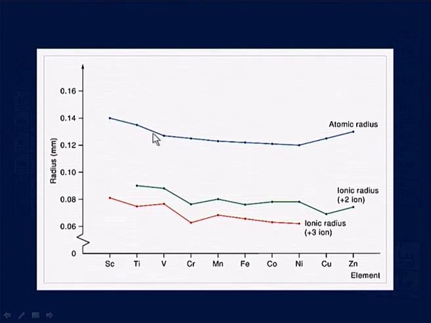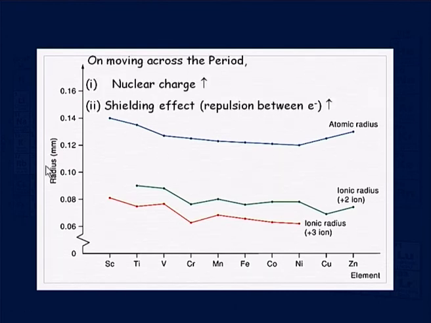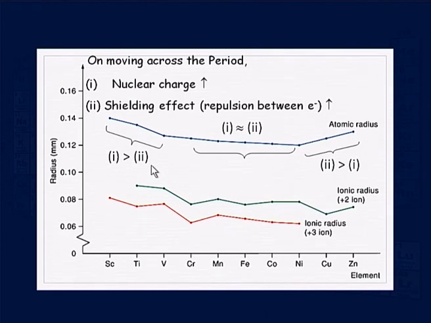In the first region there is a slow decrease, in the middle region there are almost no changes, and in the third and last region there is a small increase in the atomic radii due to these two main factors, that is nuclear charge and the shielding effect of the d electrons along with the 4s electron. So, this is how the atomic radii change as we move from scandium to zinc. The same trend is observed in the case of the ionic radii with the +2 and +3 oxidation states.